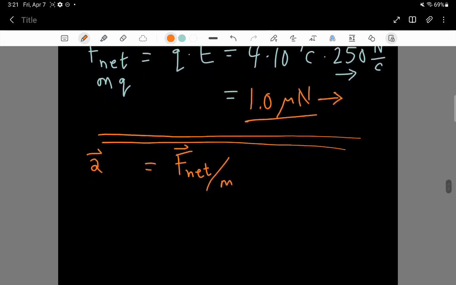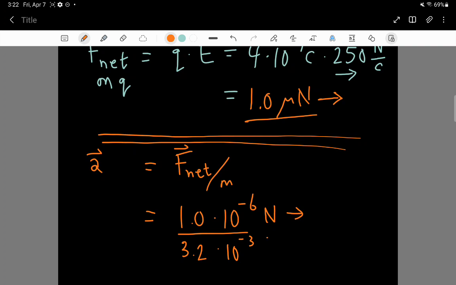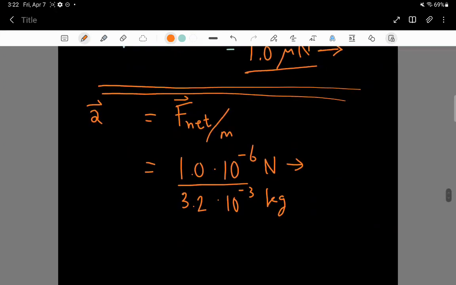It's a vector. So this acceleration is pretty easy, we'll just plug in the details. I've got 1.0 micronewtons for the net force, but micro is 10 to the minus 6 newtons, towards the right. And I have to divide by the mass, which is 3.2 times 10 to the minus 3 kilograms. Mass does not have a direction. Mass is not a vector. Mass is a scalar.